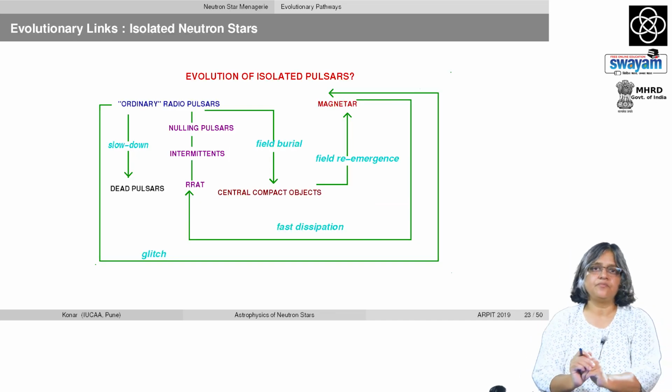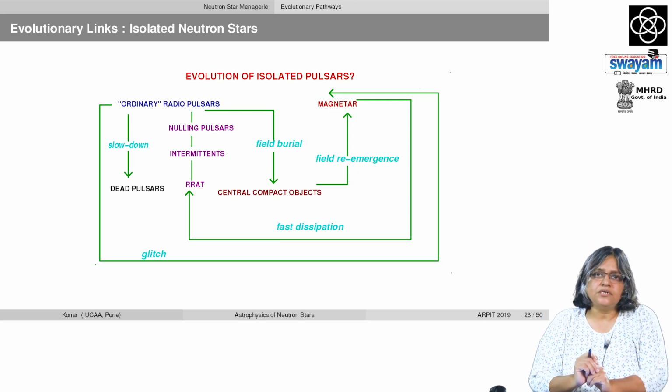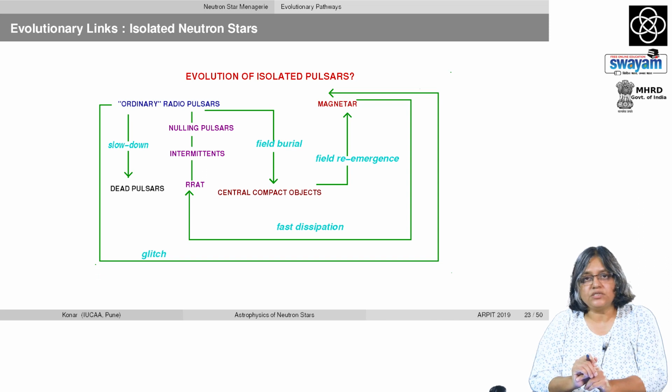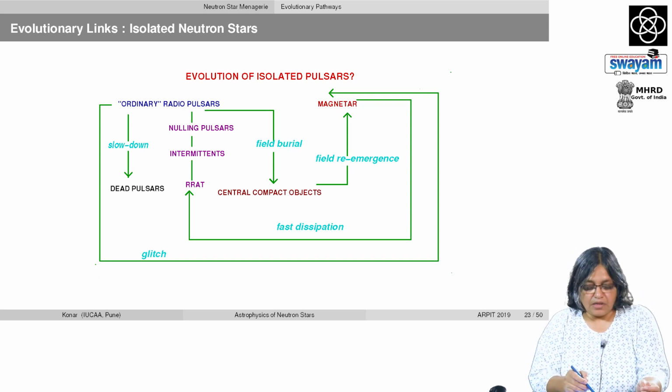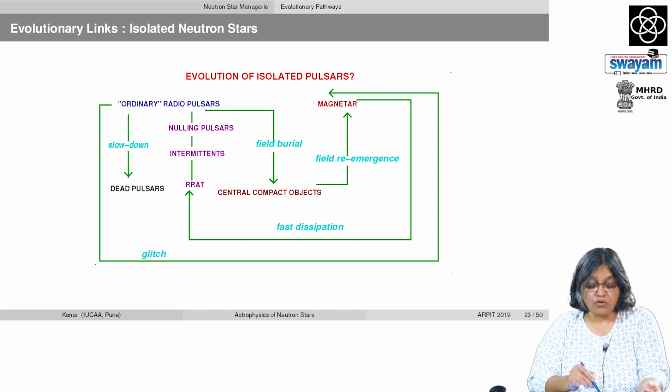In contrast, we do not really understand the evolutionary links in isolated neutron stars very well. For example, this is the part we really know about: ordinary radio pulsars slow down and they become dead pulsars. We understand that.